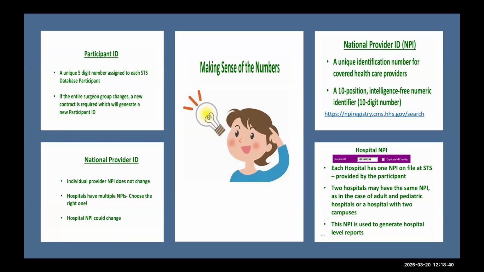Then there's the national provider ID, usually what you would call a hospital NPI number. If you're in a big hospital system, there might be multiple NPI numbers for different hospitals in that system, or there could be just one. So make sure you know what the hospital NPI numbers are for your site.